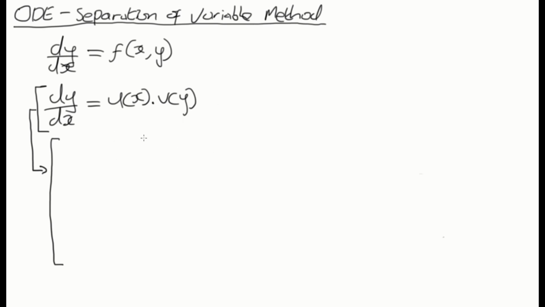You simply have to separate the y variables from the x variables. Anything that is carrying the y, put it onto the left-hand side of the equality sign, and anything that is carrying the x and some constant, put it to the right-hand side of the equality sign.